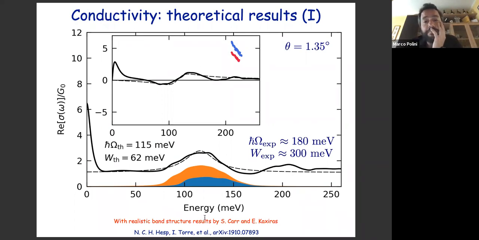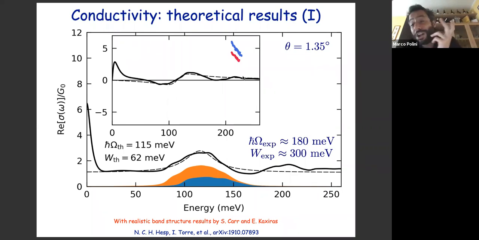So state-of-the-art single particle band structures, and by using the Kubo formula, we will show you the equations later, we were able to produce just the real part of the conductivity as a function of frequency, which is here plotted in a black solid line. And in the inset, you see how this theory for the conductivity relates with the experimental data, which are the red circles and the blue circles.